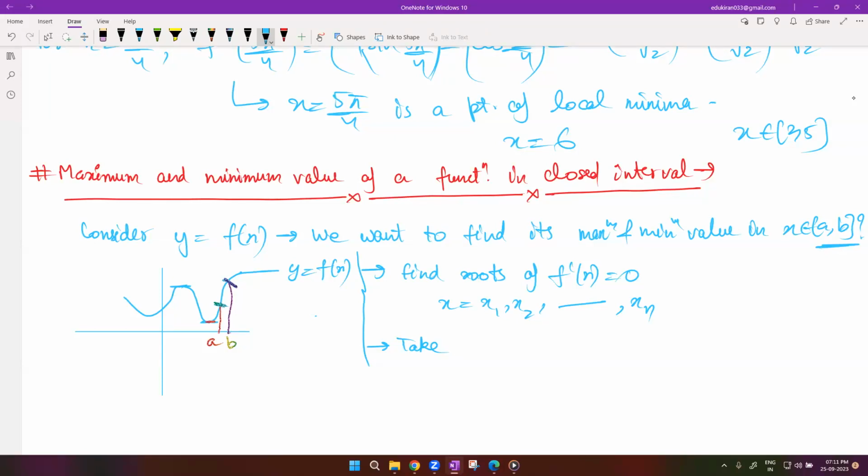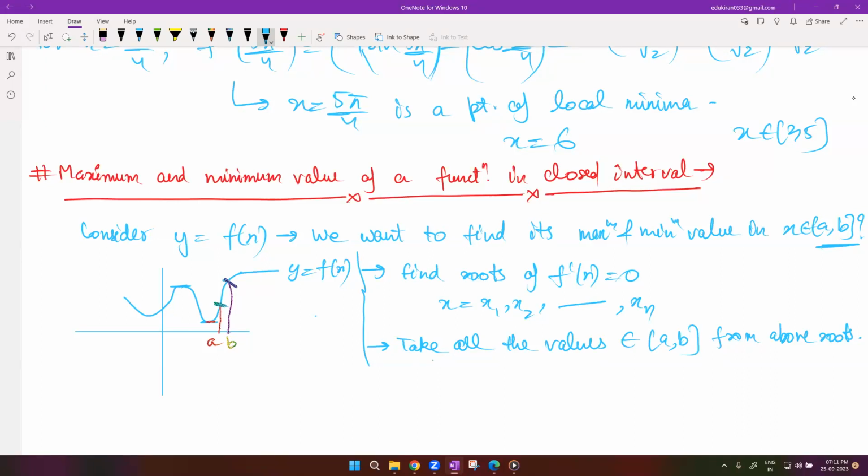So I can already ignore all those values which do not lie between a to b. Take all the values which belong to a to b from the above roots.